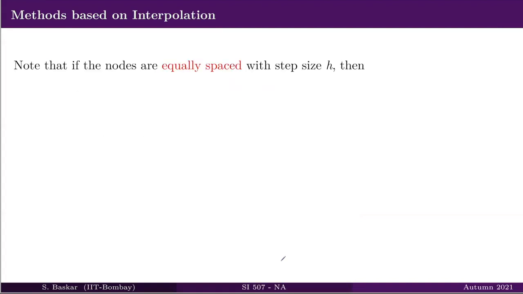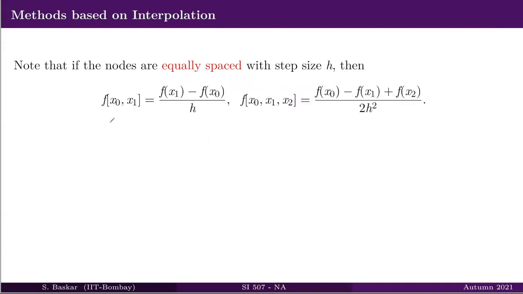Let us fix equally spaced nodes for the sake of simplicity with the step size as h. If you recall, the first order divided difference is given by f of x1 minus f of x0 divided by h, and the second order divided difference is by definition f of x1 comma x2 minus f of x0 comma x1 divided by x2 minus x0, right?